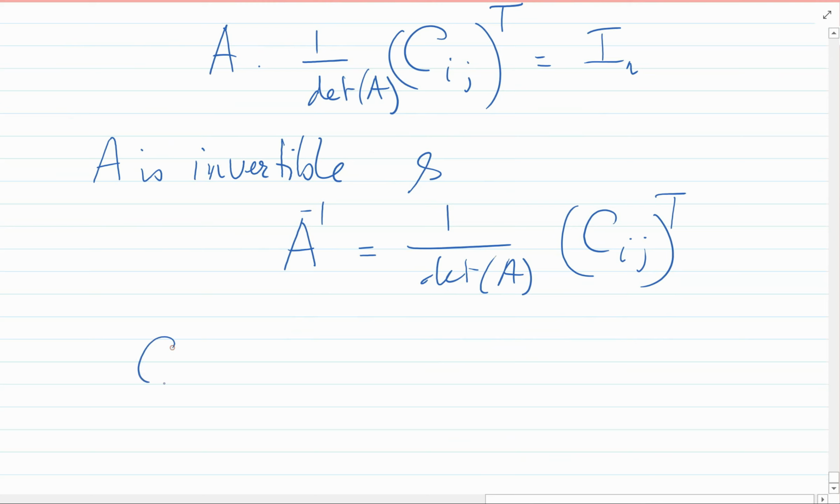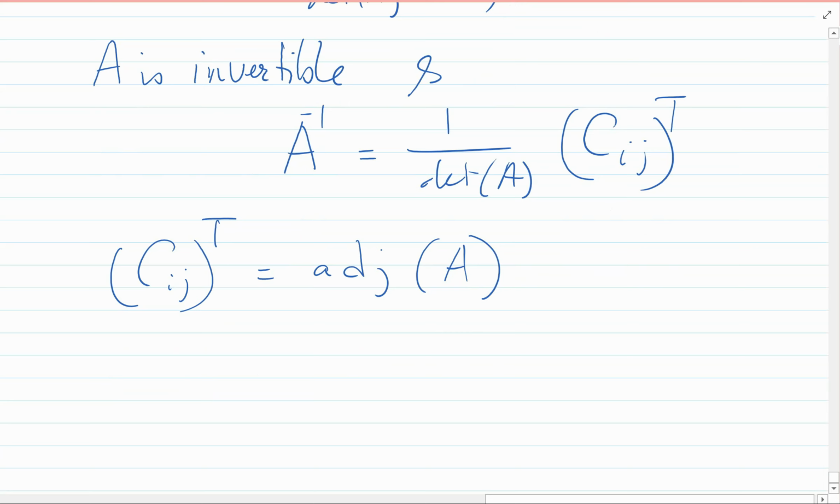The transpose, Cij transpose, is known in the literature as the adjoint of the matrix A. Okay, and therefore, just fancy names. I'll be honest with you, I will live with the formula. It's not really complicated. It's 1 over the determinant of A times the adjoint matrix of A. That's what it means. So it's nicer if you want that.